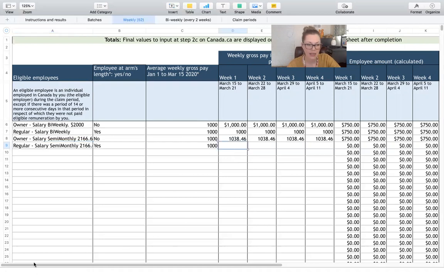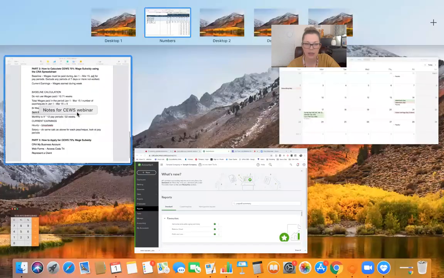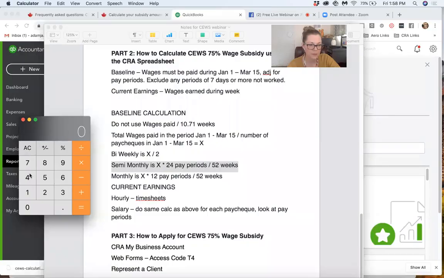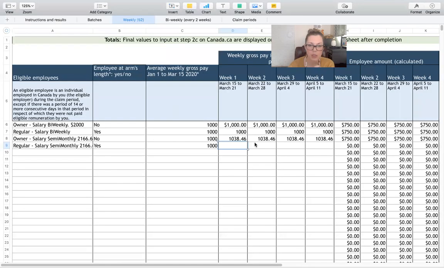And then I said in this example, what did I say, 4,500 or something? 4,500 is now what they got paid in 2 paychecks, semi-monthly, times 24 divided by 52, 1038.46. Put that in my spreadsheet.